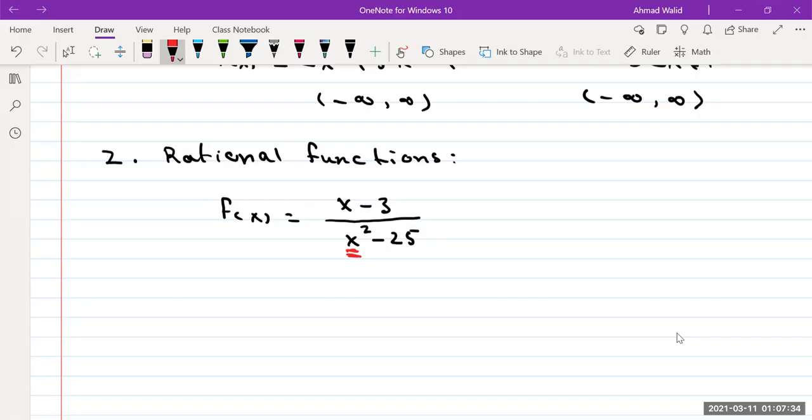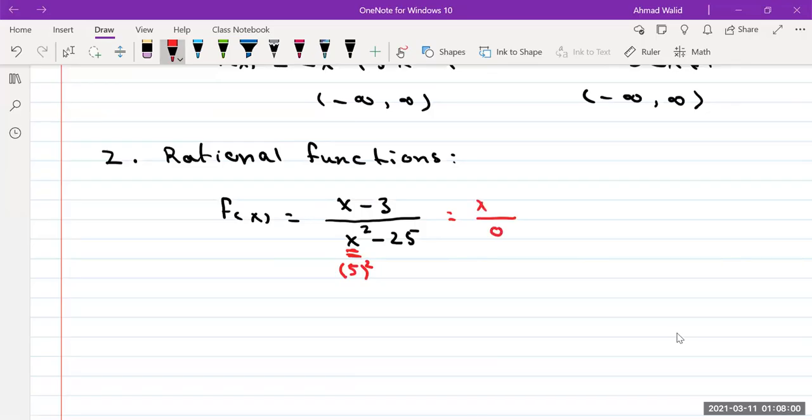You know that there is a value of x that, if you plug it into the denominator, changes the denominator to 0, correct? For example, in this one, it's easy, I know. If I plug in 5 for x, 5 squared gives me 25, and 25 minus 25 gives me 0.